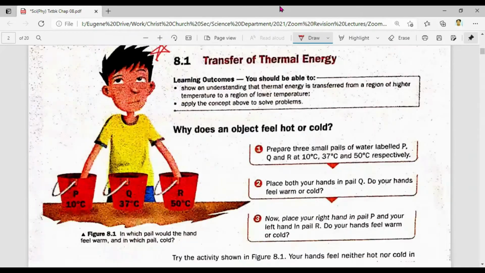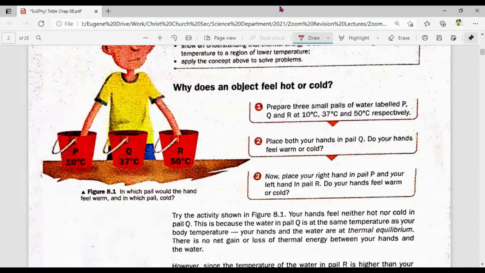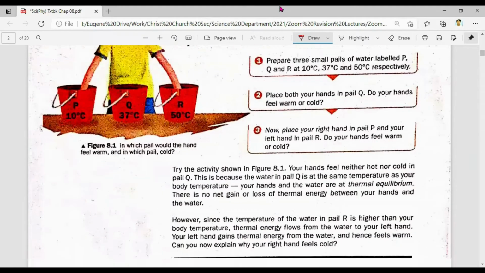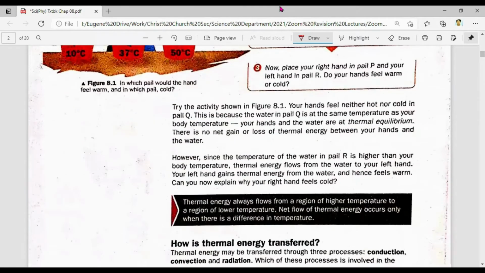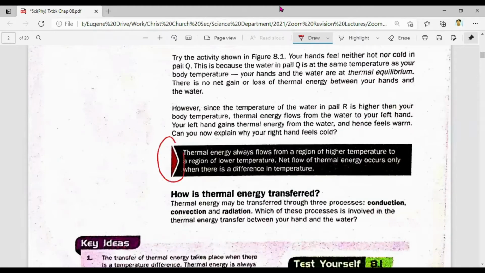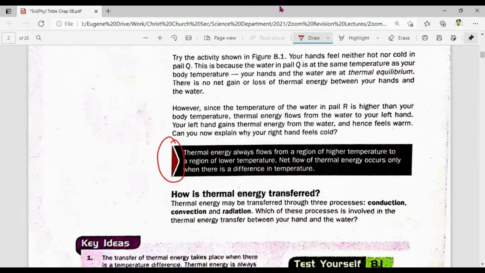You can go and read up, but I want you to understand this. Thermal energy always flows from a region of higher temperature to lower temperature when there's a difference in temperature.